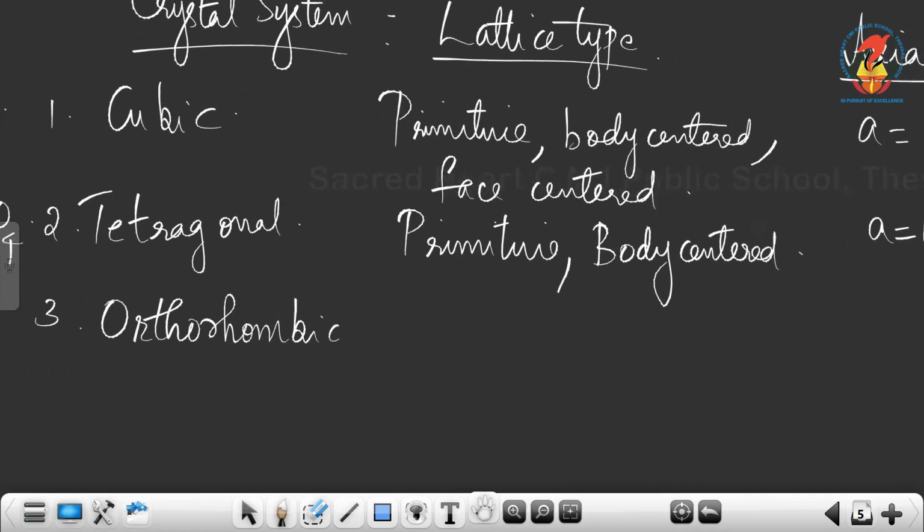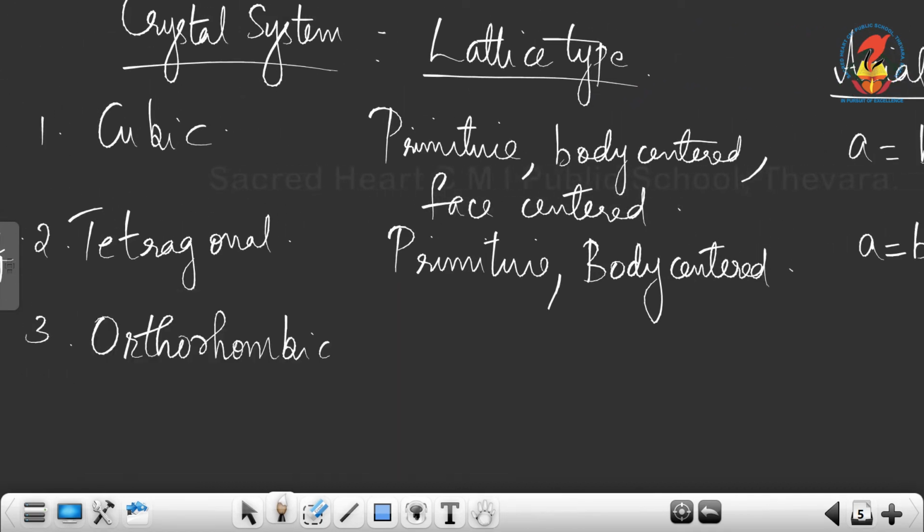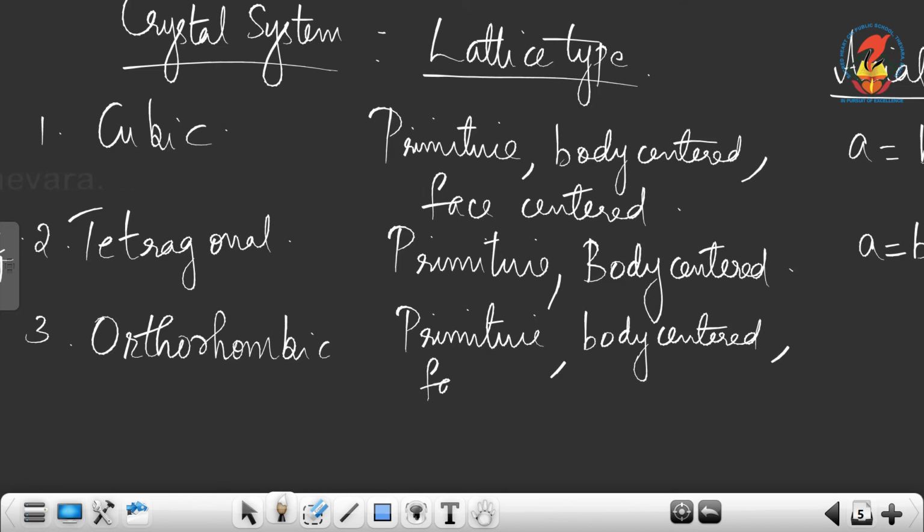And the lattice type present in orthorhombic is, we have all 4 types of unit cells in this. That is primitive, then body centered, face centered, and end centered.